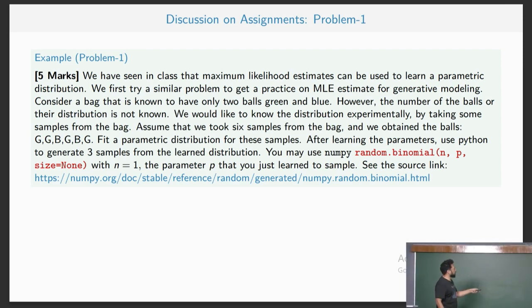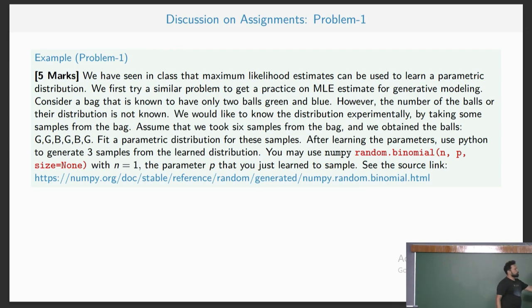Once you know the distribution, how you sample from the distribution is something where you need Python. You will use random.binomial, which is there in NumPy. This is binomial, right? Bernoulli is just n equals 1.